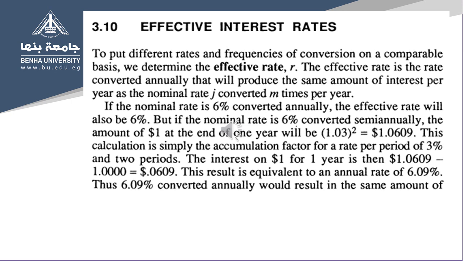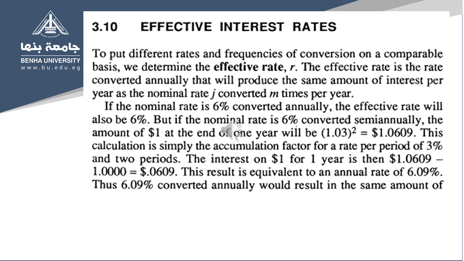The interest on $1 for 1 year is then $1.0609 minus 1. The result is 0.0609. This result is equivalent to an annual rate of 6.09%.